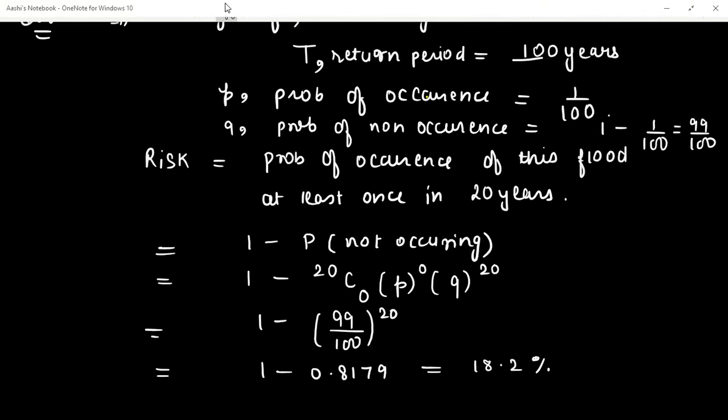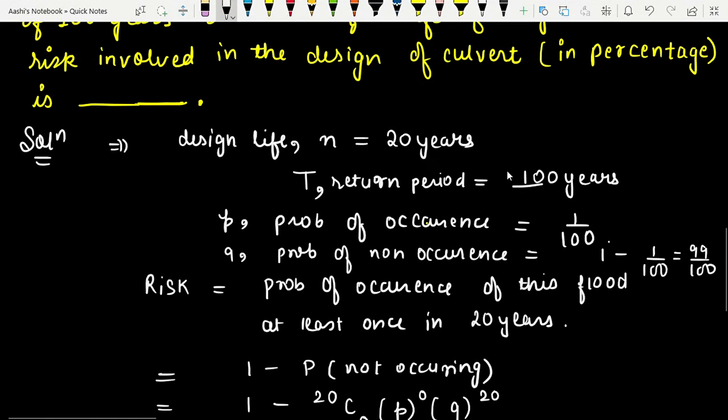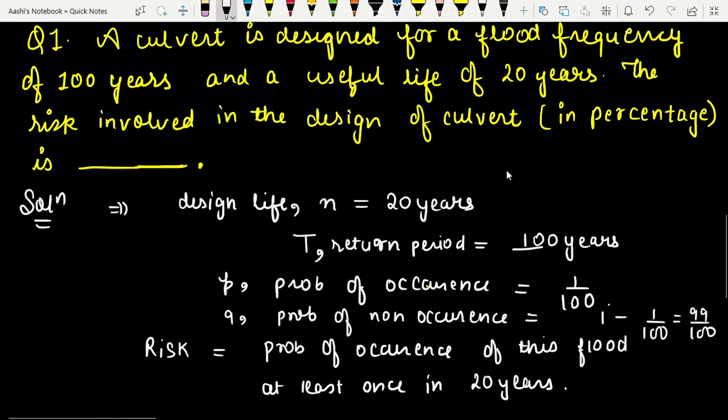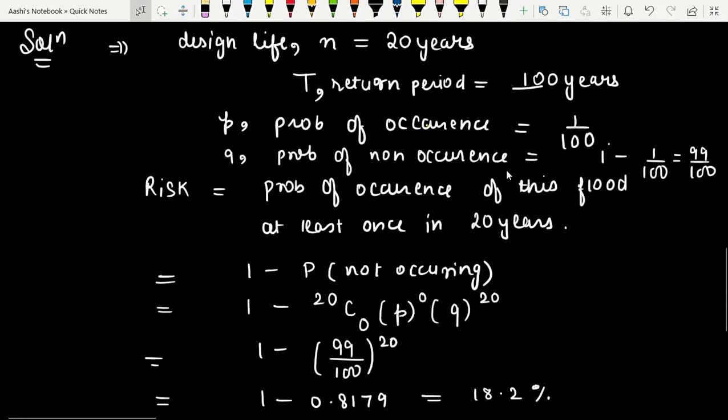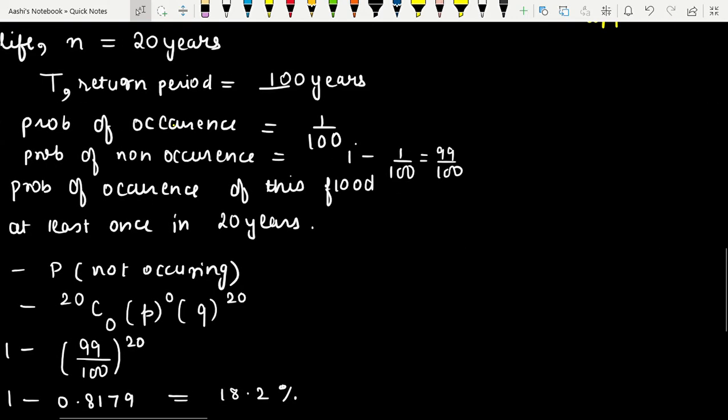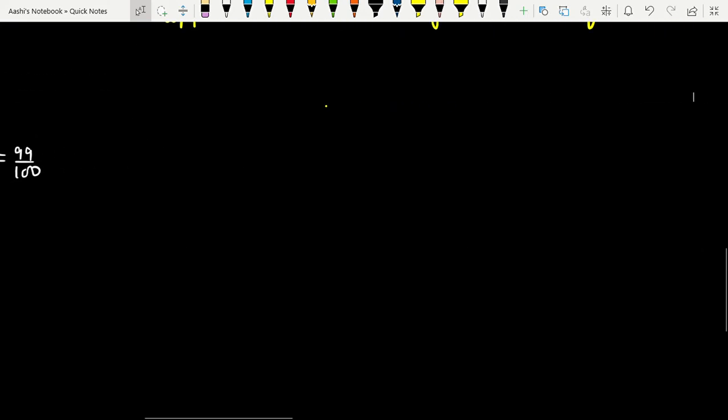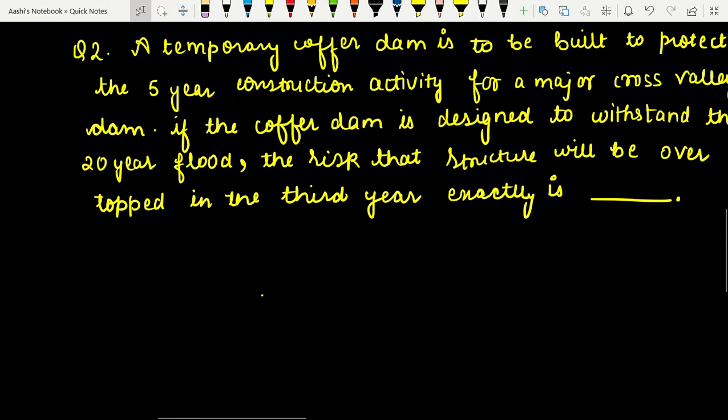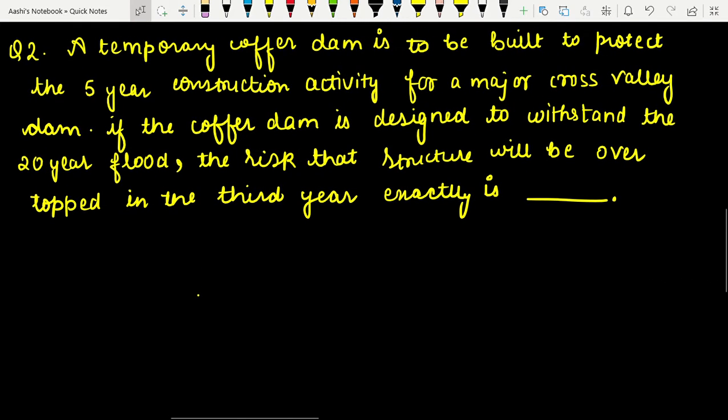So let's go to the next question. Our next question is: a temporary coffer dam is to be built to protect the 5-year construction activity for a major cross valley dam.